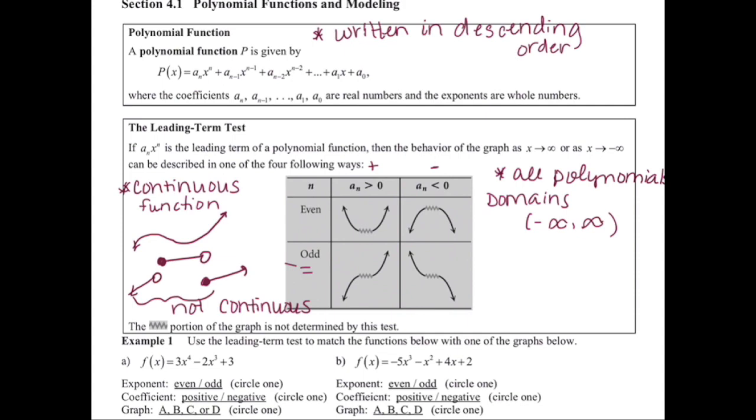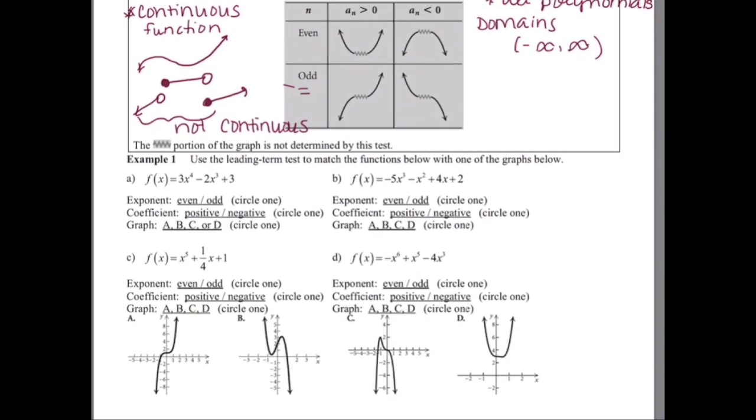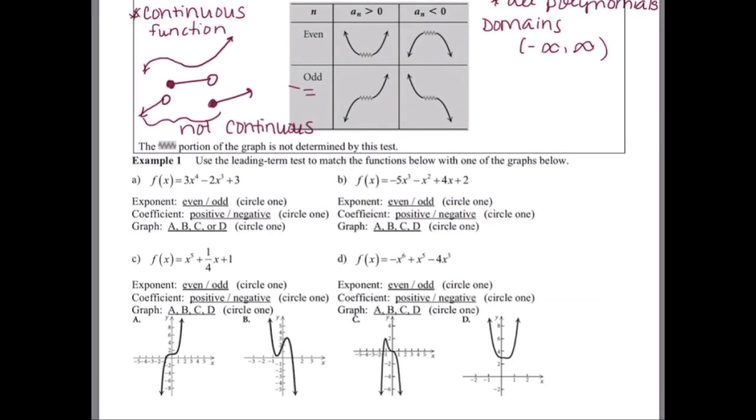When I look at my first example here so that we can match them with the graphs, I see that 3x to the fourth minus 2x cubed plus 3 is already written in descending order. So now I can look at my leading term. I see that my exponent is even, so I'm going to look already at this row, and I see that my coefficient is positive.